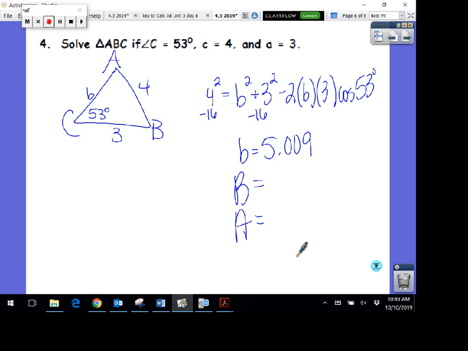Since side B is the biggest side, we cannot use law of sines to find B. It might or might not. If it happens to be acute, then we happen to get the right answer. If it happens to be obtuse, then we get the wrong answer, because law of sines will not give you an obtuse angle.